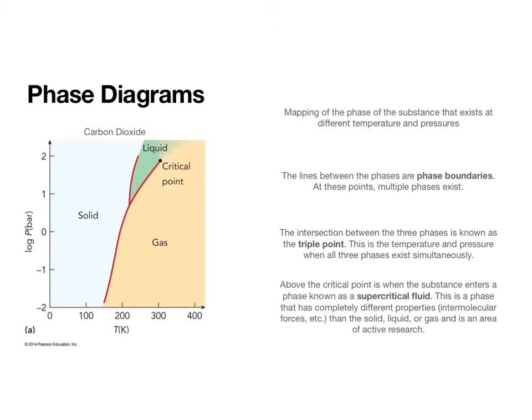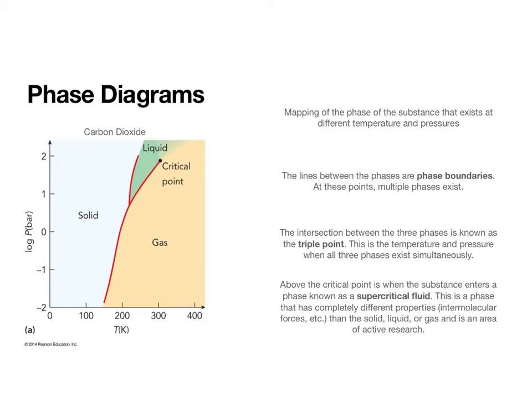In this video we're going to talk about phase diagrams and how we map the state of the phase, or the state of matter, at different temperatures and pressures. We can change phases of a material both by changing the pressure and by changing the temperature. Changing the temperature is probably what we are most familiar with. We put water on the stove and turn on the heat, and it starts to boil and turns into gas.